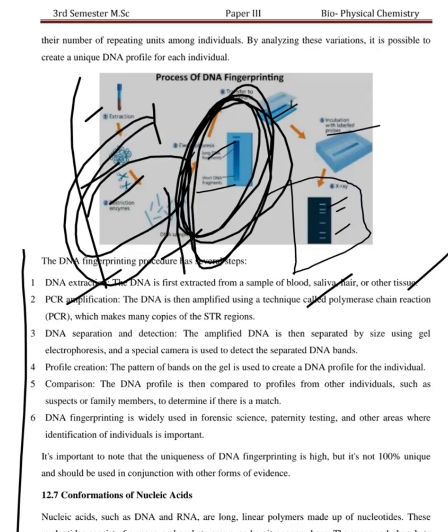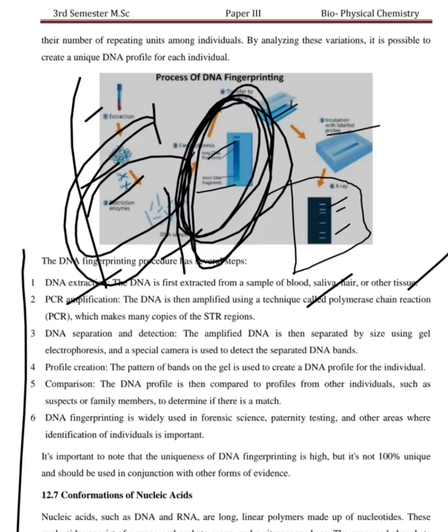So in DNA fingerprinting, you create a separate profile and match each other to see whether the DNA is matching or not. Depending on this, you are going to identify individuals by each other's DNA profile.